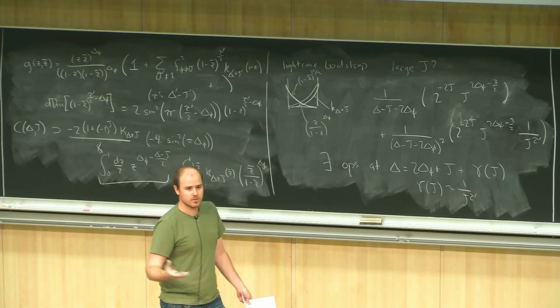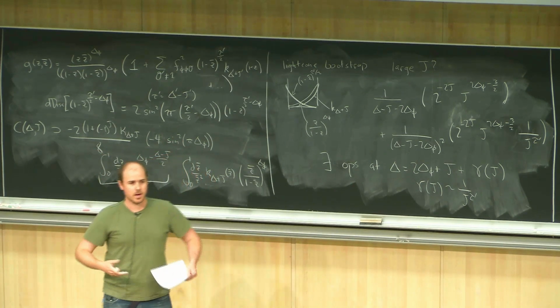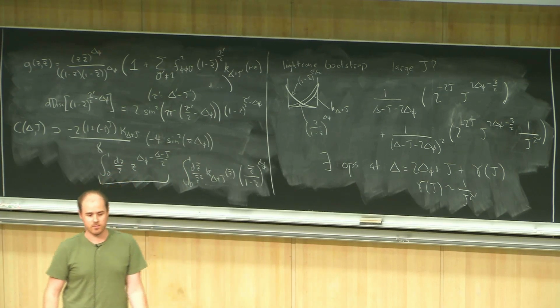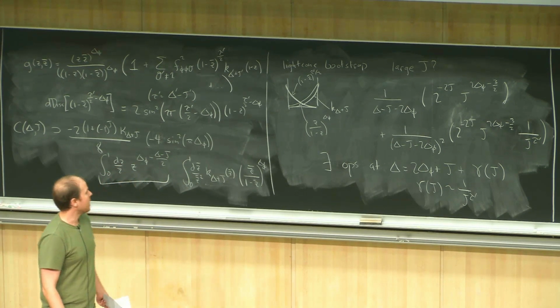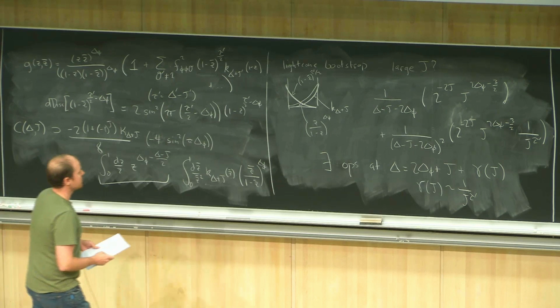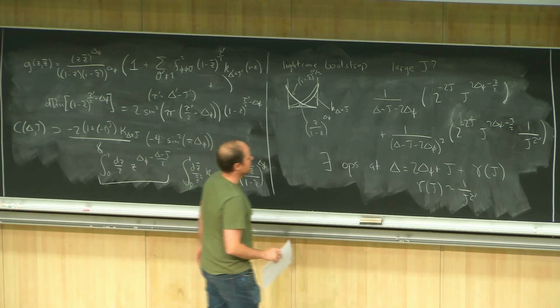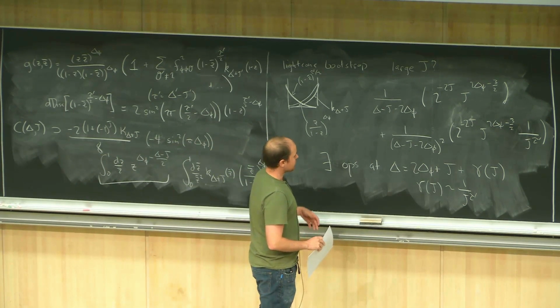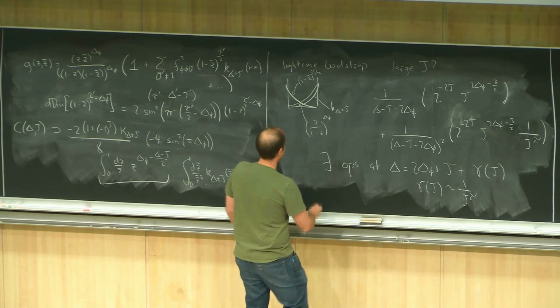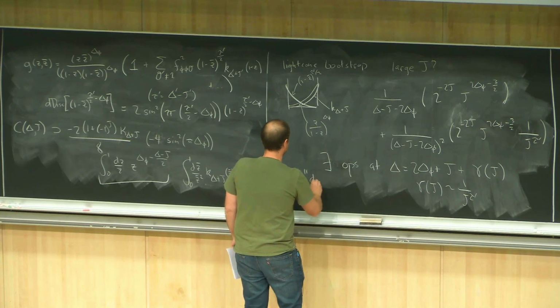This is a universal result about any conformal field theory at large spin. These operators automatically have to be there. These are so-called double twist operators.